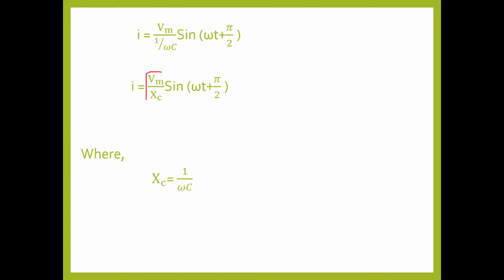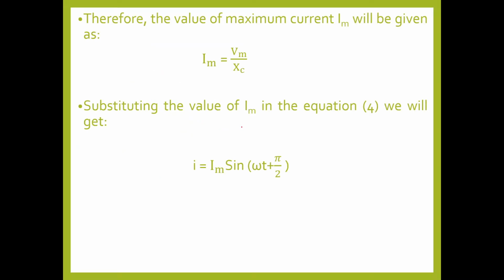So Vm by Xc can further be replaced by some single notation Im. So Im is nothing but Vm by Xc. So I is equal to Im sin omega t plus pi by 2. So in a pure capacitive circuit, the current will flow through the capacitor. Current flowing through the capacitor, what will happen?